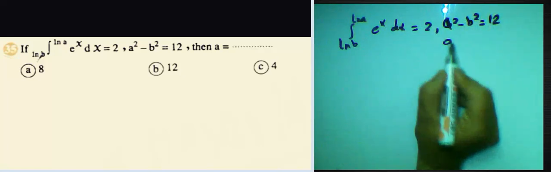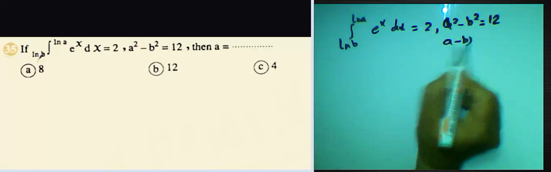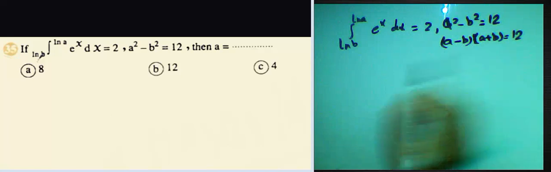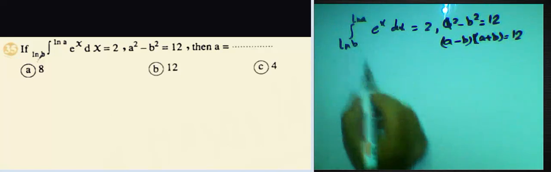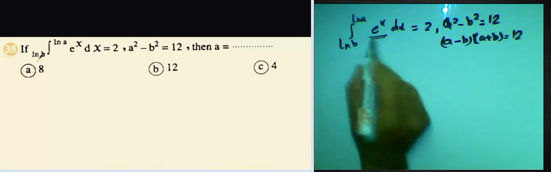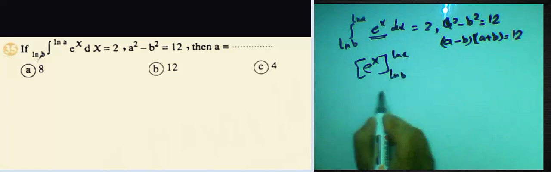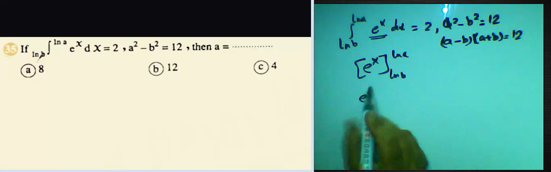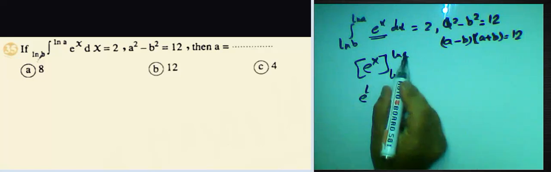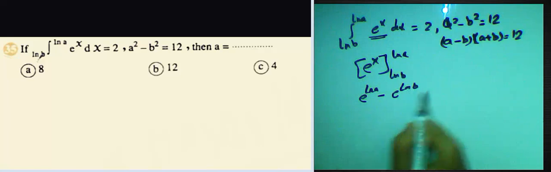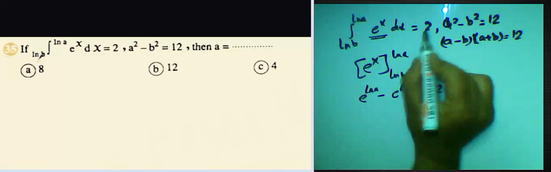We can factorize this expression: (a subtract b) multiplied by (a plus b) equals 12. And we can find the integration of this function. It will be the same function here, with the interval from ln b to ln a. We can write e power ln a, subtract e power ln b equals 2.